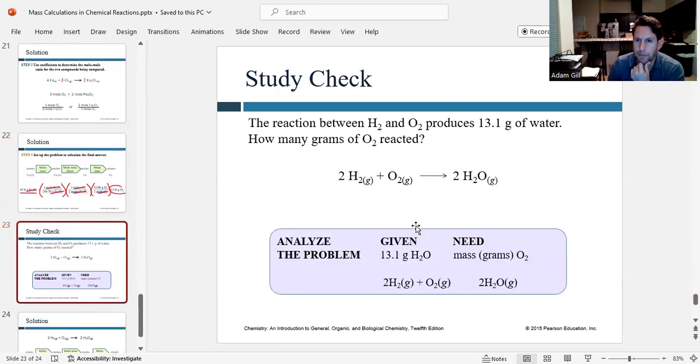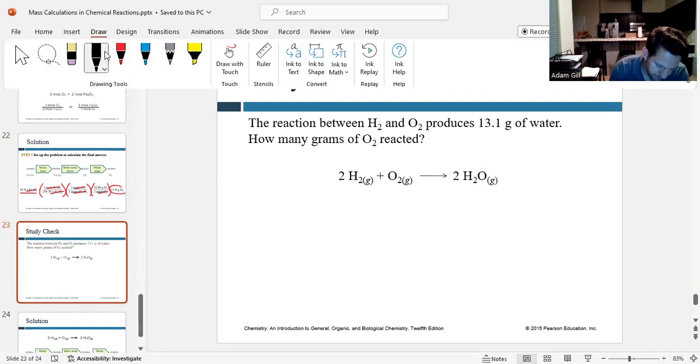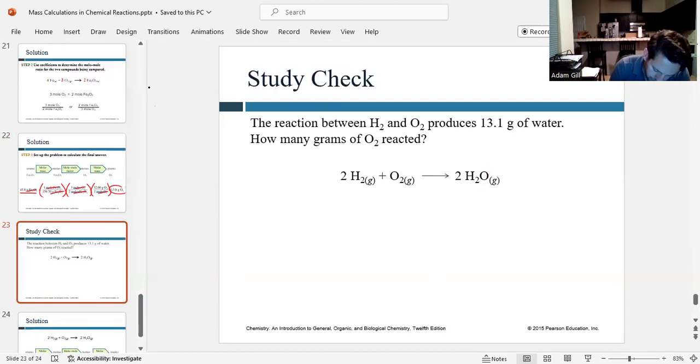Let's do a practice problem. I'm going to delete this so we have space, and we'll just try and do it all on one slide here. The reaction between H2 and O2 produces 13.1 grams of water. How many grams of O2 reacted? So we're comparing O2 and water.